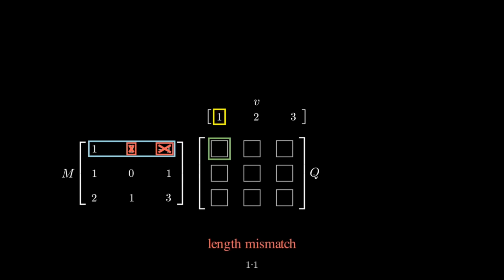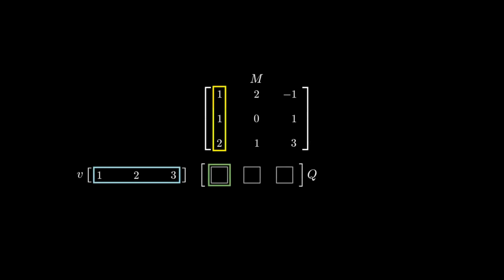The multiplication is disallowed. If, on the other hand, you arrange V on the left and M on the right, Falk's scheme predicts a 1 by 3 row vector as the target, and this multiplication is legitimate because the row vector V has the same number of entries as the column of M. The entries of the resulting row vector can be calculated in the usual way.